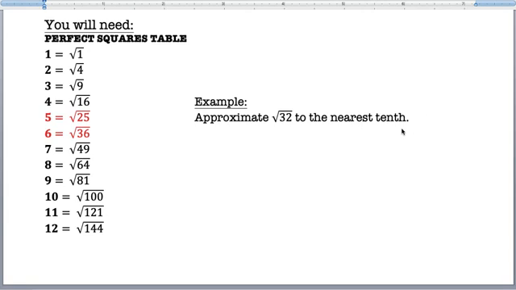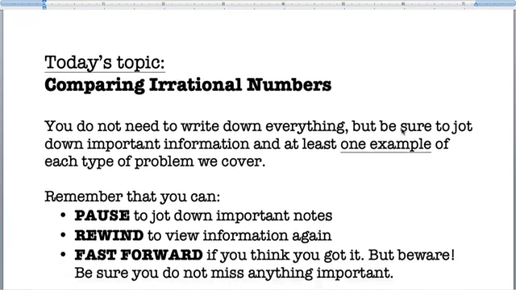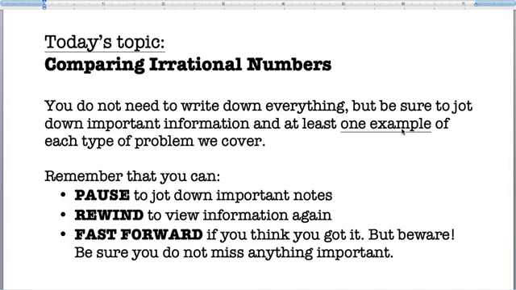Sometimes you're going to have to go to the nearest tenth, because today when we're comparing irrational numbers, we're going to be given a list of different irrational numbers and we have to put them in order or compare which one is greater and which one is lesser. So you might have to look at the nearest tenth, but just know that you're finding two perfect square roots that it falls in between.